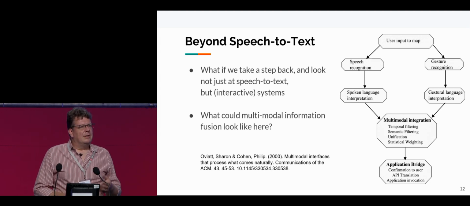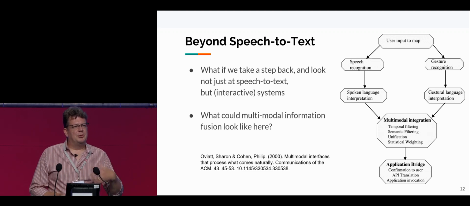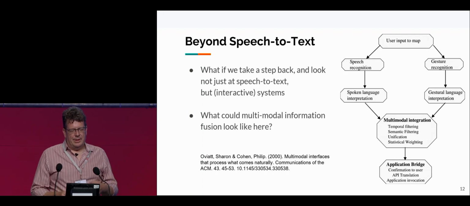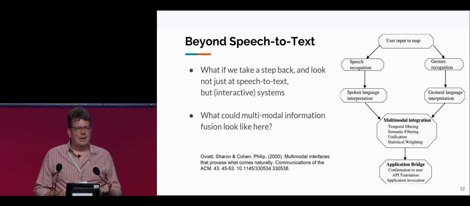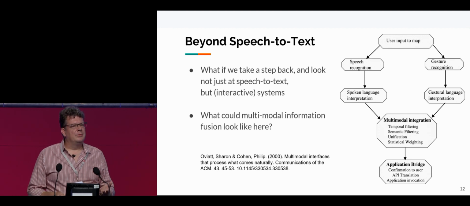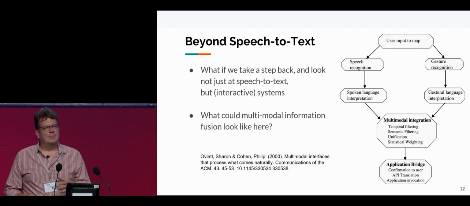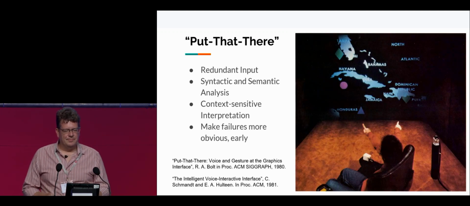And as we're going beyond just speech to text, to speech to meaning and speech to interaction, even early work in the 2000s or before in multimodal interaction can give us a lot of inspiration about what tasks to pursue and how to improve systems that don't just translate speech to text, but work together with humans.